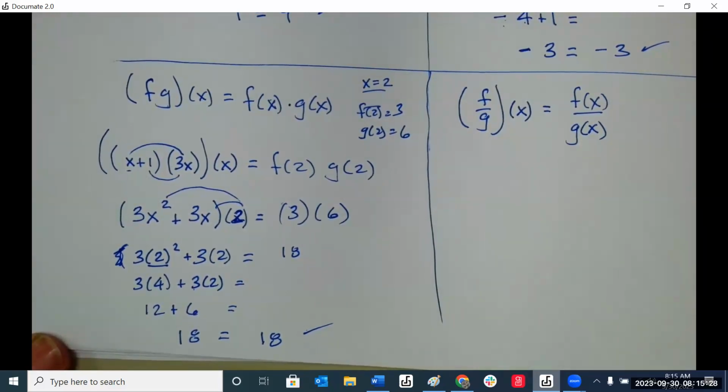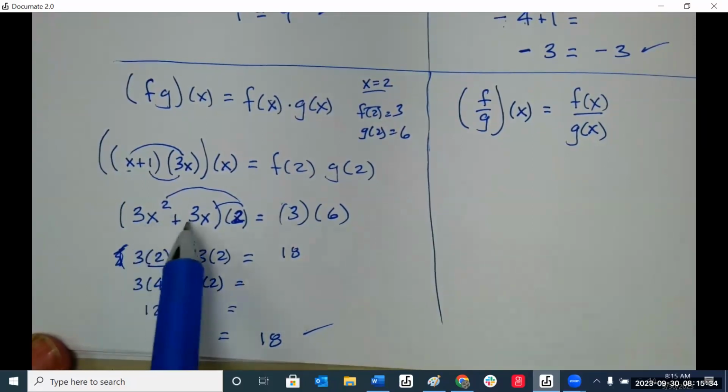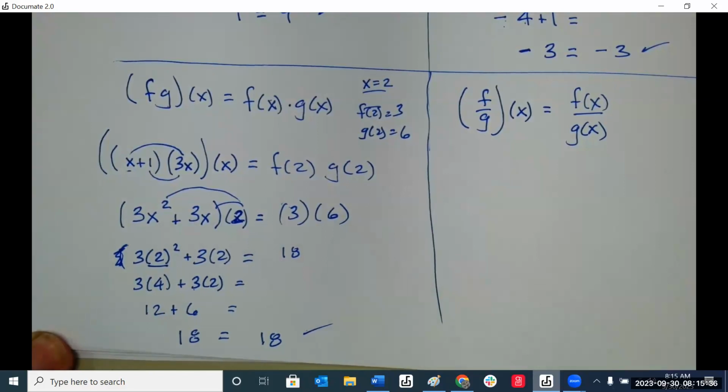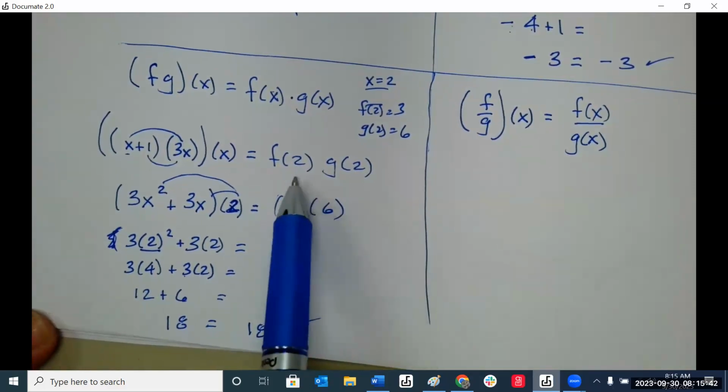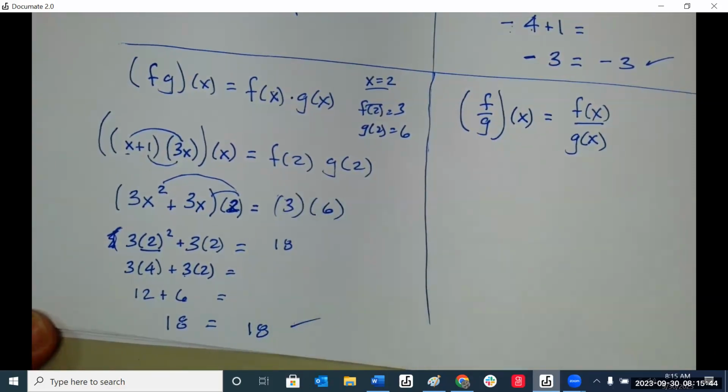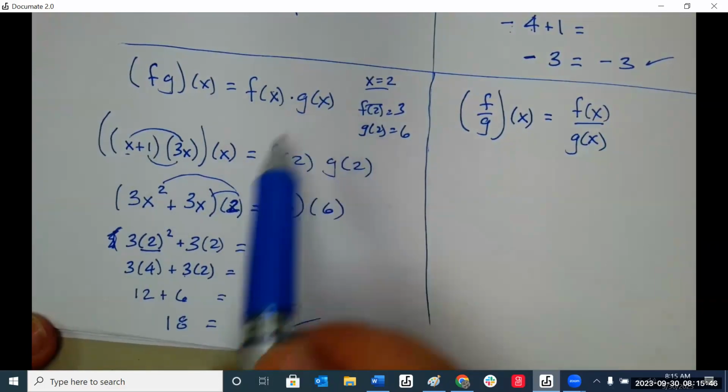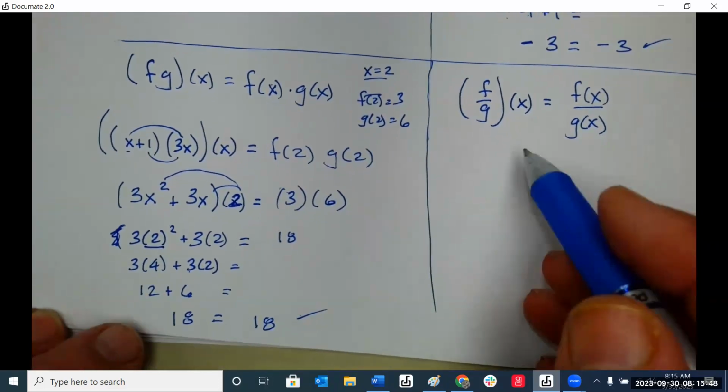And they're equal. Because on the left-hand side, we make it bigger since we're combining two polynomials. On the right-hand side, it's a lot easier. We're multiplying numbers. So in this case, the right-hand side is much easier than the left.